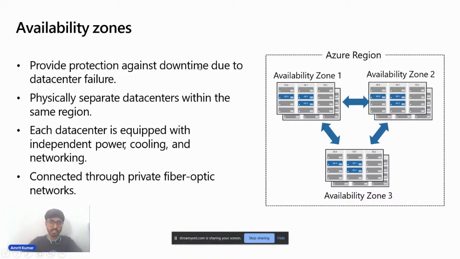It provides protection against downtime due to data center failure, with physically separate data centers within the same region. Each data center is equipped with independent power, cooling, and networking, and connected through private fiber optic networks.